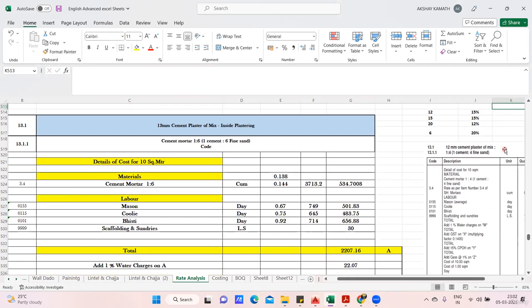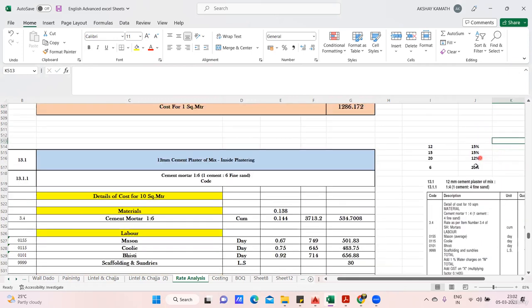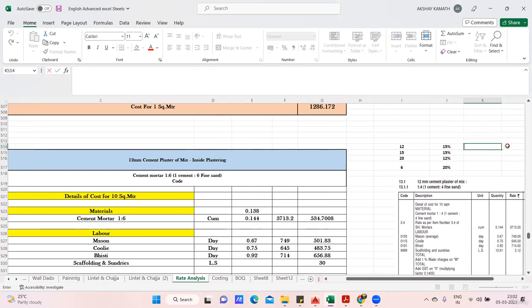So similarly you will get all these answers. This is one thing you need to understand. Other than that, I will explain why you'll go with 12 mm, 15 mm, 20 mm, and 6 mm plastering. If it is a 12 mm plastering, we go with the ratio of 1:6. If it is 15 mm plastering, we can go with the ratio of 1:4.